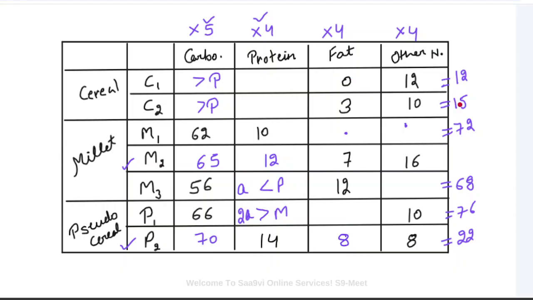Now let's solve this first. On C2 we have remaining 85. So if one value has to be greater than 70, that means it has to be at least 75, the next will be 10. Sorry, this is 3 plus 10, 13, sorry.